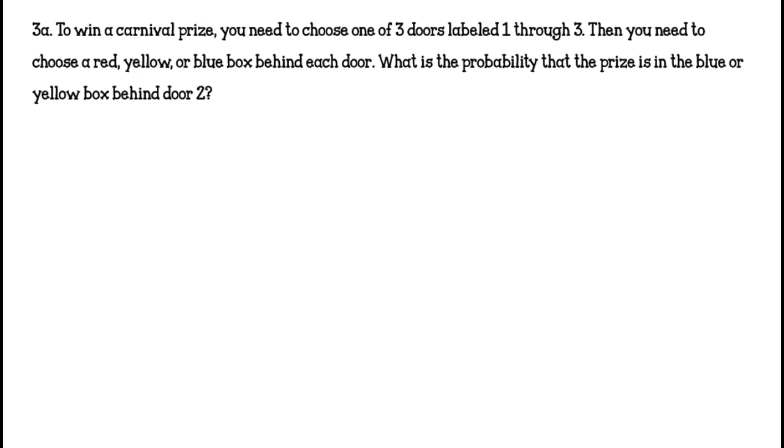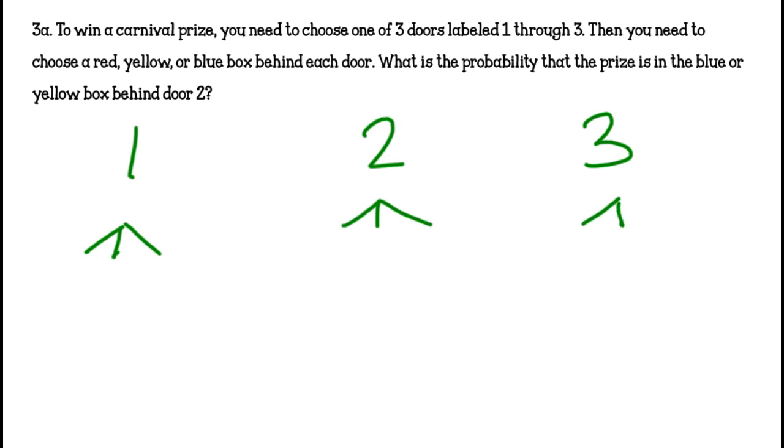3A, to win a carnival prize, you need to choose one of the 3 doors labeled 1 through 3. Then you need to choose a red, yellow, or blue box behind each door. What is the probability that the prize is in the blue or yellow box behind door 2? So we have door 1, door 2, and door 3. And behind each of them, we have a red, yellow, or blue box.